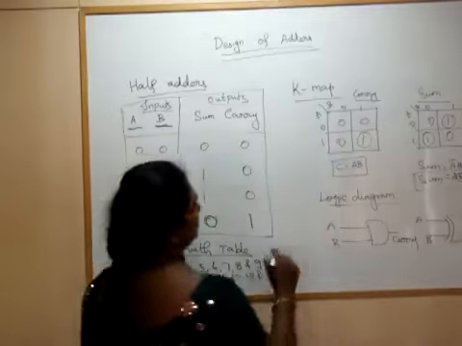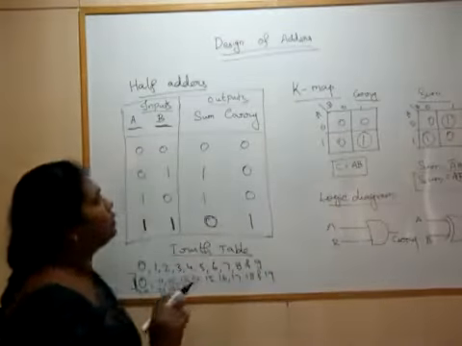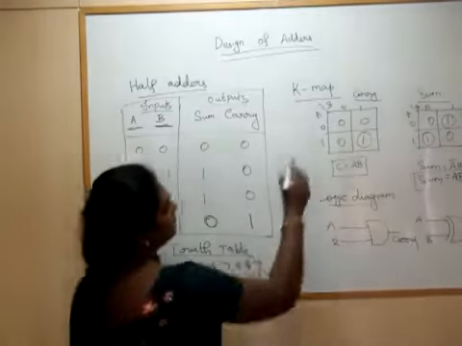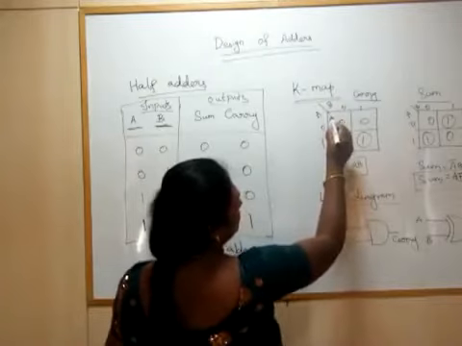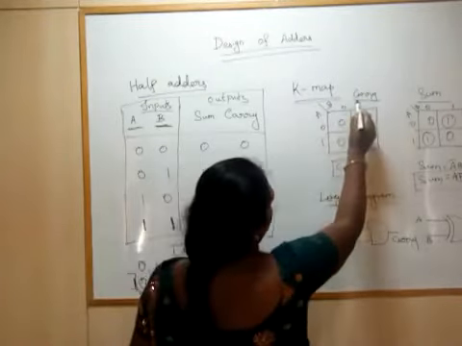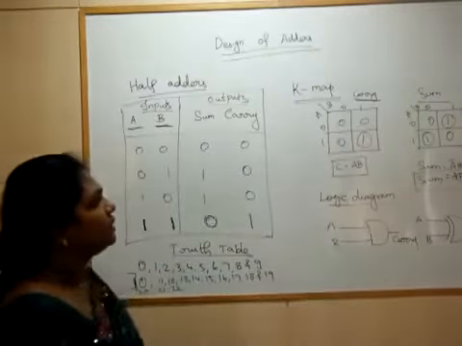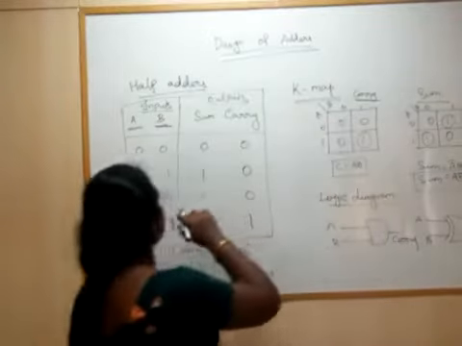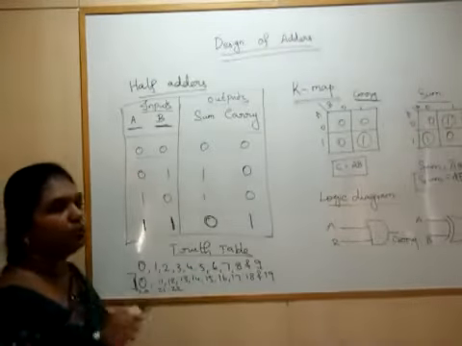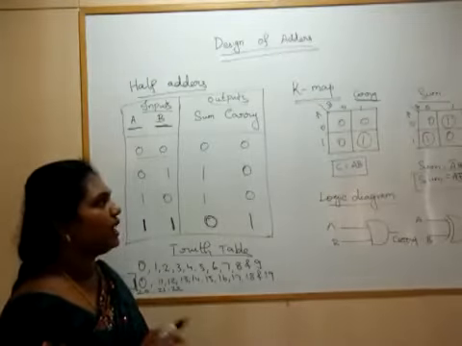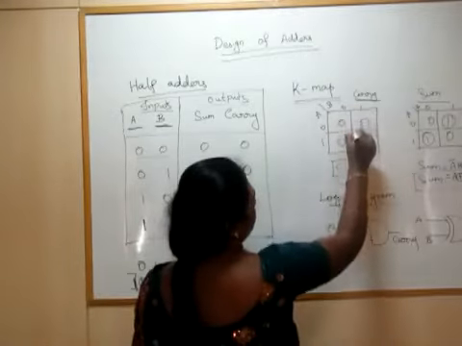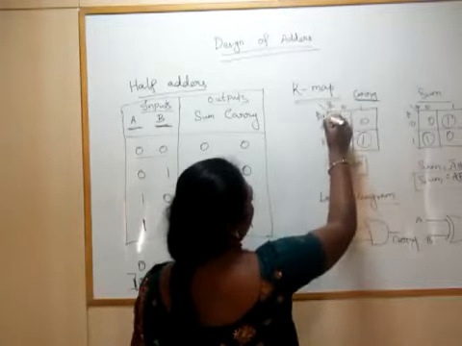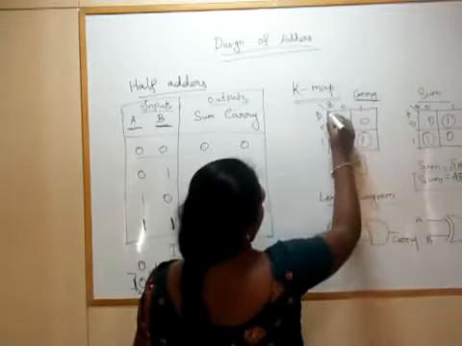For the K-map technique you should make a table. How many inputs are here? Two inputs. If there are two inputs, you should make the table as a 2 variable map. So this is a 2 variable map, with inputs A and B written here.